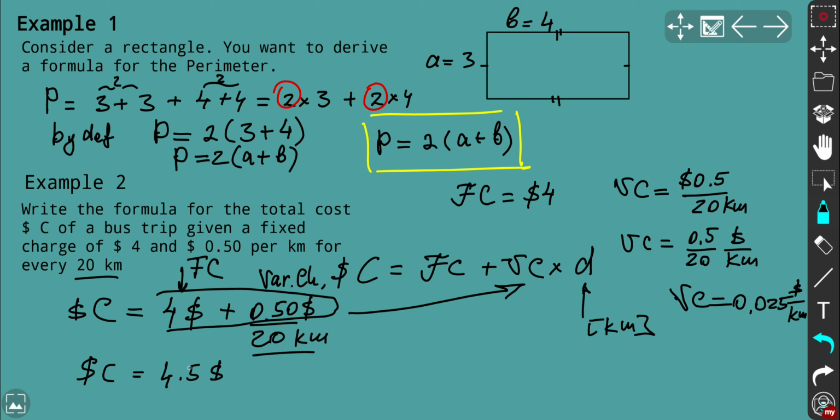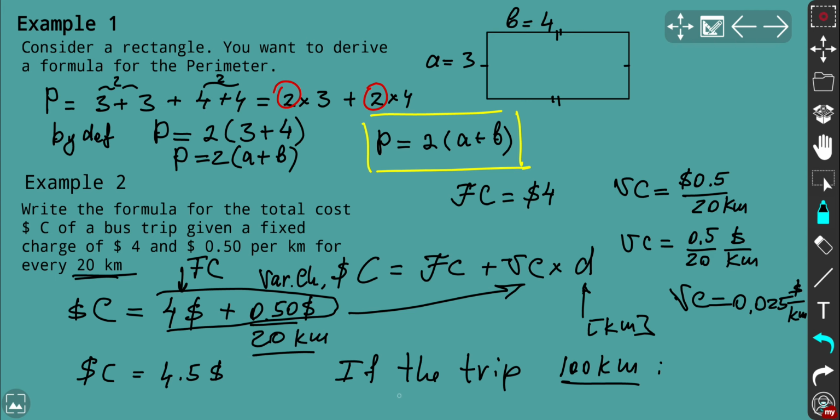But that's for 20. But what if you go for another, let's say 100? Just 5 times more, and you can say, okay, if your destination is actually 100 kilometers, how much would you pay? You understand that 100 kilometers is basically 5 times more than you pay for 20.